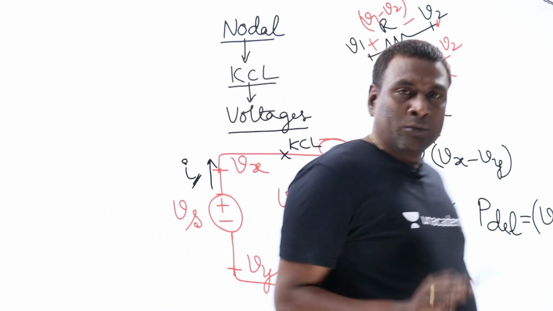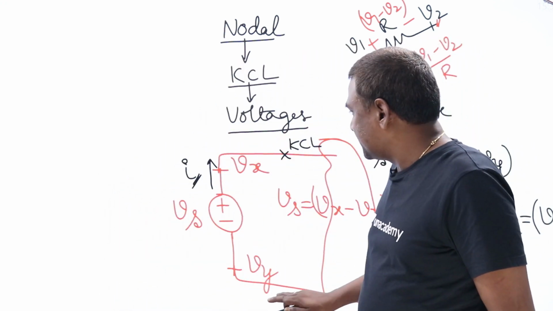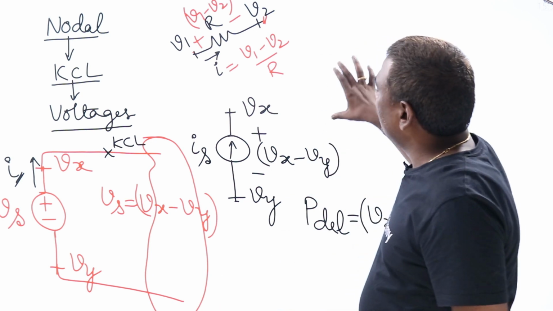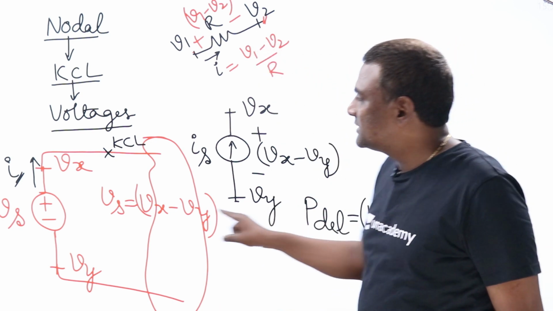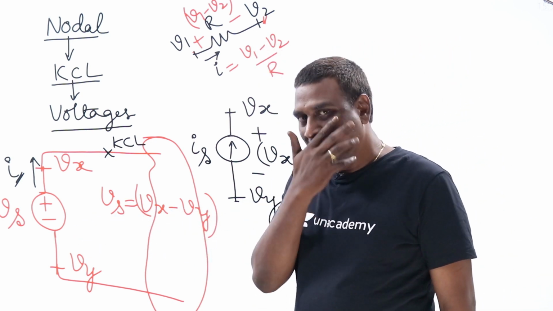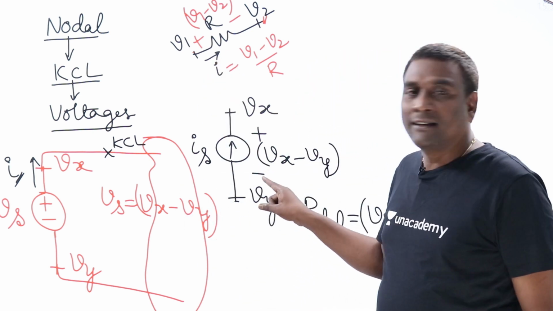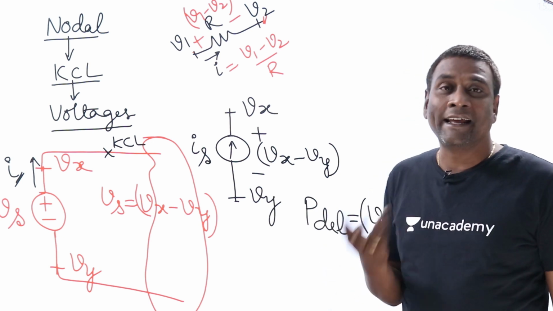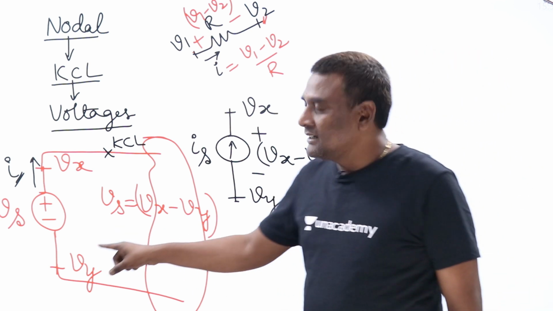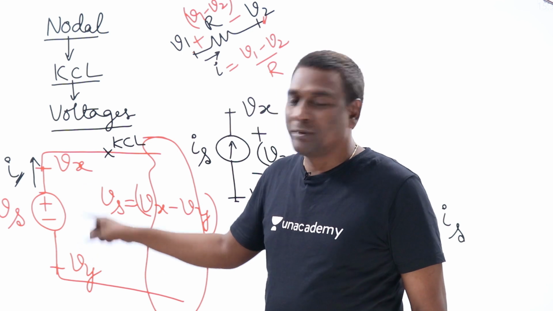Okay. Now, application of KCL, if you see. I have passive element here. I have current source here. I have voltage source here. Independent or dependent, it doesn't matter for us. So here the current can be found. Here it can be found directly. Okay. But here it is going to become a relation.